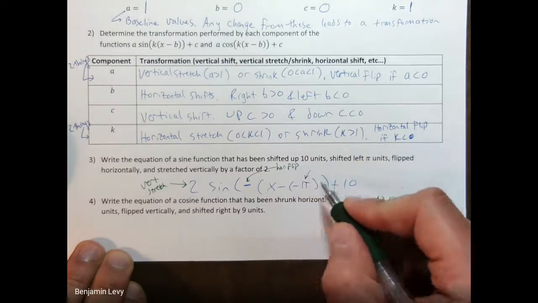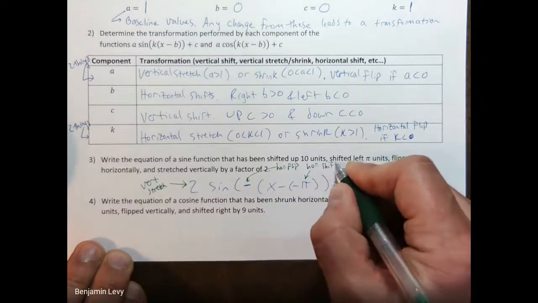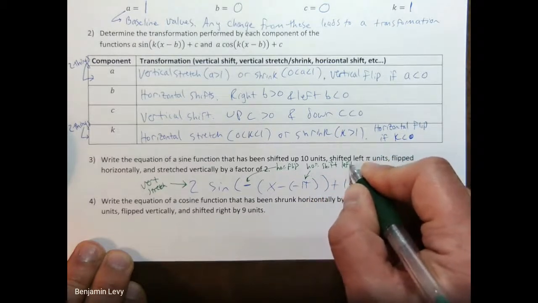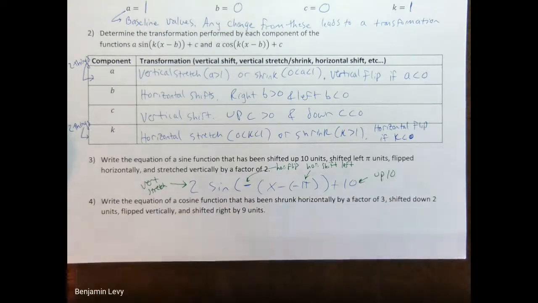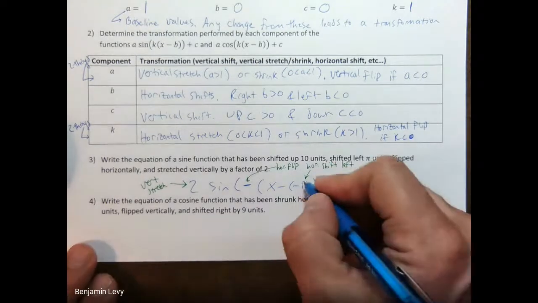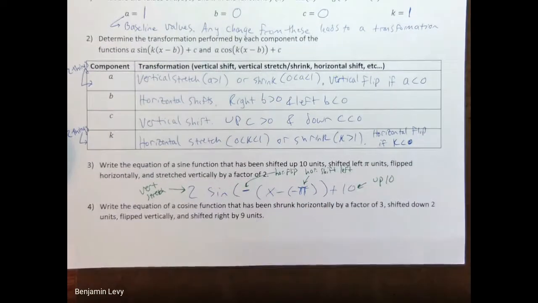The minus pi part is a horizontal shift to the left. And the plus 10 part moves it up 10. And that's what that one looked like. Definitely ask some questions about this if you're confused, but hopefully you're able to get that one.